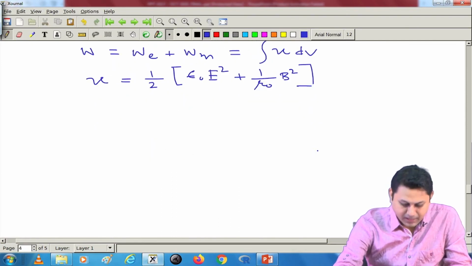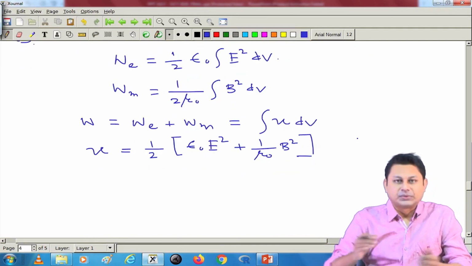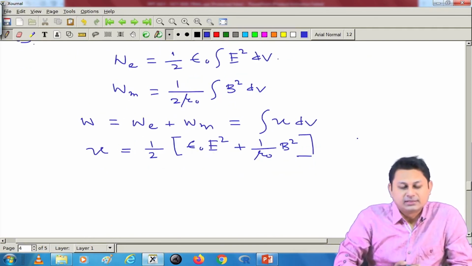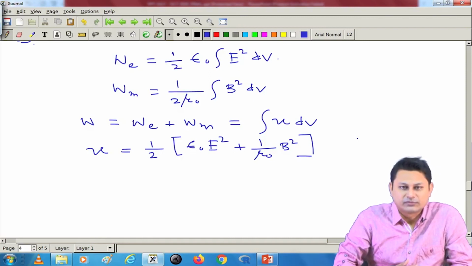So, I would like to stop here because I do not have much time for this class. Till now we understand what an electromagnetic wave is. Starting from Maxwell's equations, we understand that they can be written in a wave equation form. When we have a wave equation, we find that the solution can be represented in a specific form which we call the plane wave.